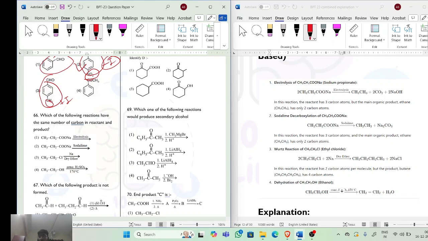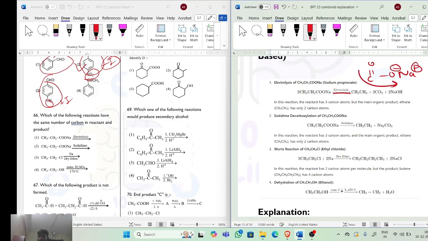On doing electrolysis, the COO-Na+ group will leave, and only CH3CH2 is left, which forms CH3CH2-CH2CH3 along with CO2 and NaOH. So here the number of carbons are not equal.